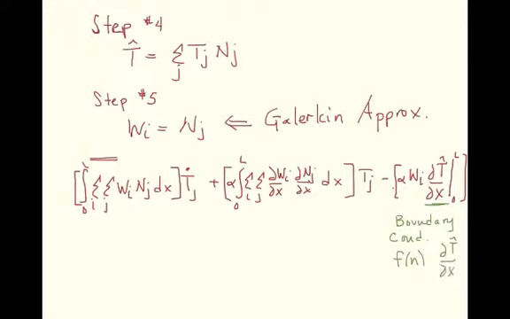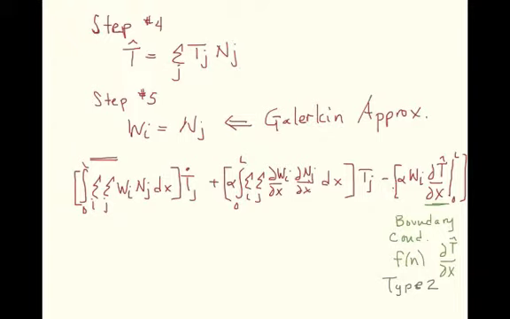So this is the type 2 boundary condition. There will be a separate video about the type 2 boundary condition, but you can basically see how you include it in the approximation and in the formulation.